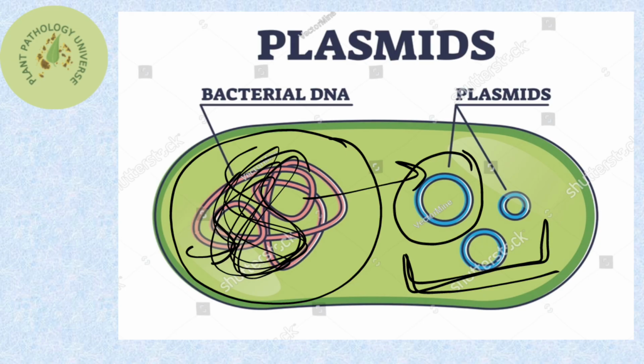For example, we have different kinds of plasmids like conjugative plasmids, non-conjugative plasmids, F plasmid, Col plasmid, bacteriocins, colicins, etc. These are different plasmids based upon their different functions. This we will discuss in the coming lectures.